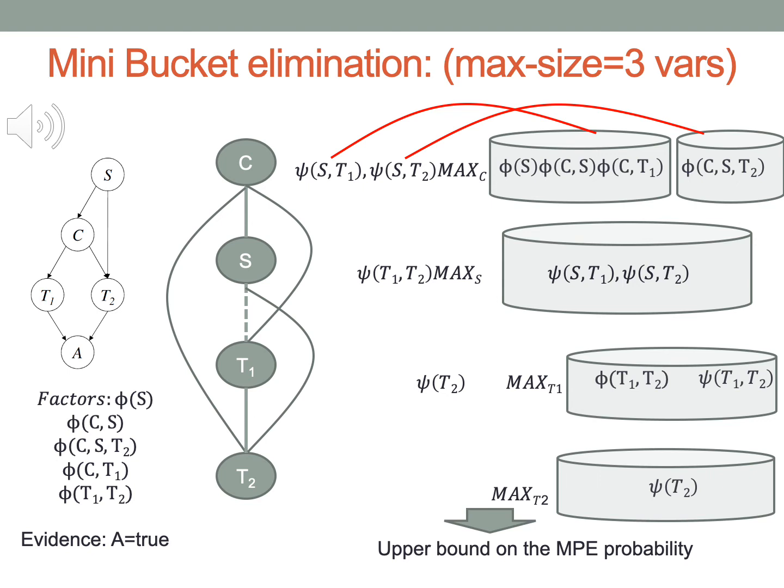Okay, so that's an important caveat that you should realize. So once this algorithm terminates, we will have an upper bound on the MPE probability, right? So once you sum out the last bucket, you will get this upper bound on the MPE probability.